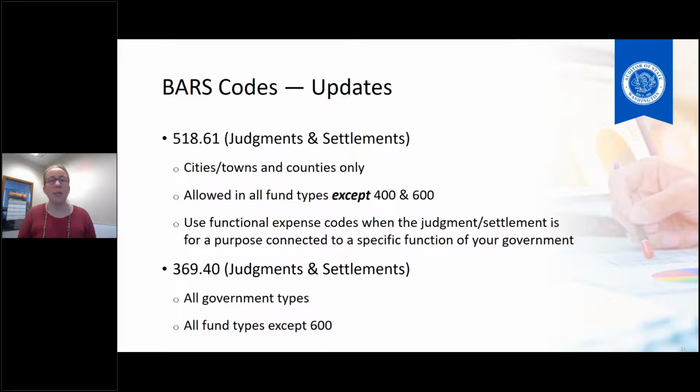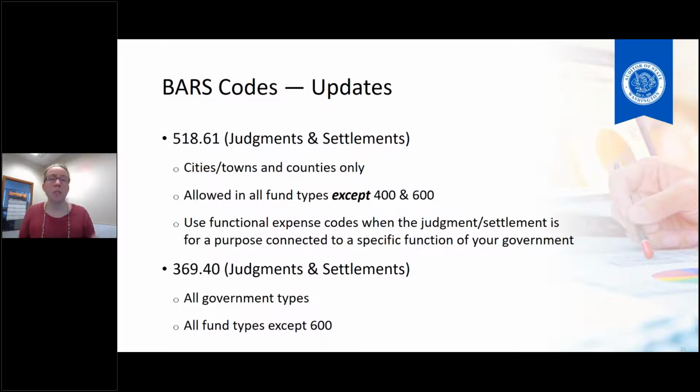This is also a general purpose code. Therefore, it is only available to our cities, towns, and counties. For cities, towns, and counties needing to code this to an enterprise fund are our special purpose districts that do not have access to this expense code.